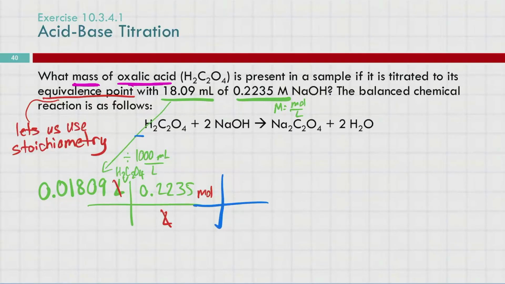Then our next step, stoichiometry. We have, that's not the right chemical. This is sodium hydroxide. Our ratio is 1 to 2.